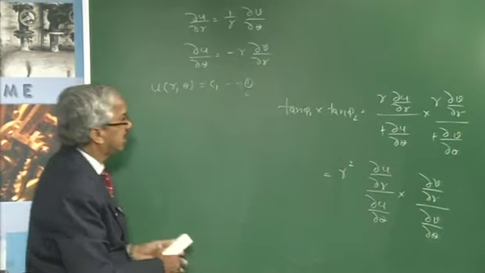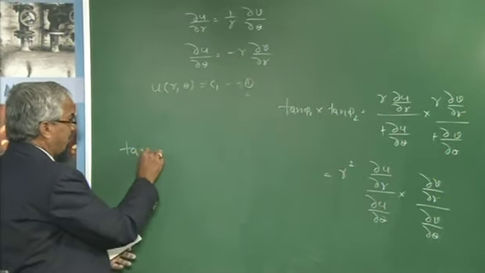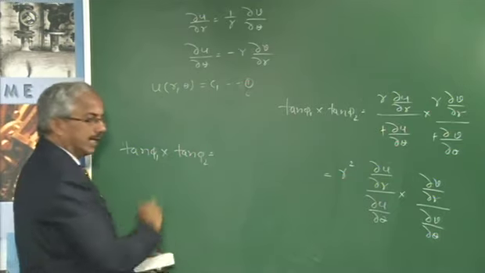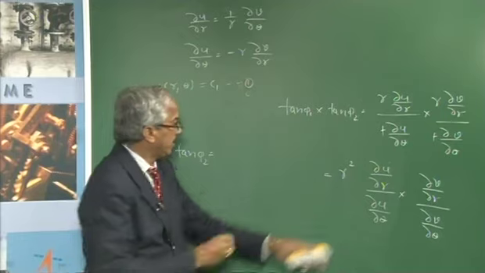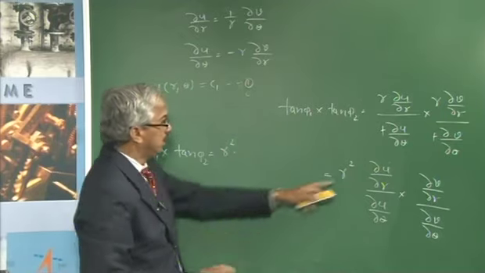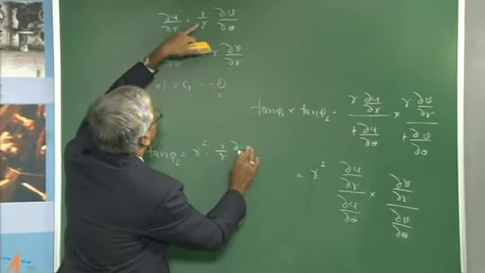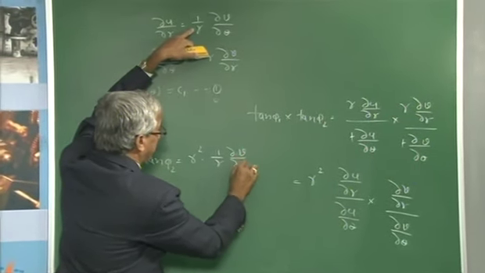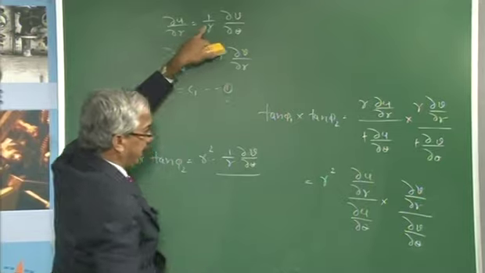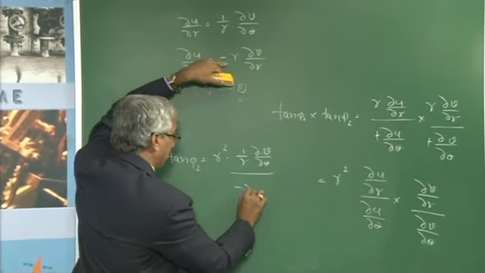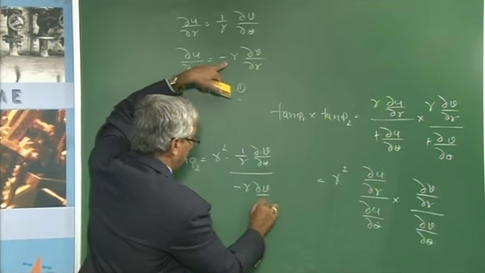So therefore I replace this term, which gives that tan phi 1 into tan phi 2 is equal to, r square into ∂u/∂r is equal to 1 by r into ∂v/∂θ, that is divided by ∂u/∂θ is equal to minus r by ∂v/∂r.